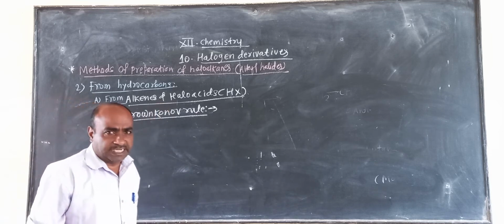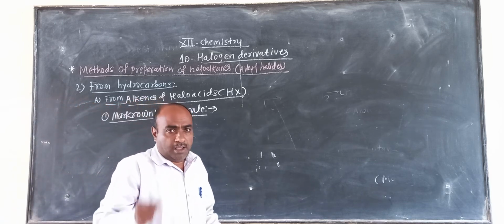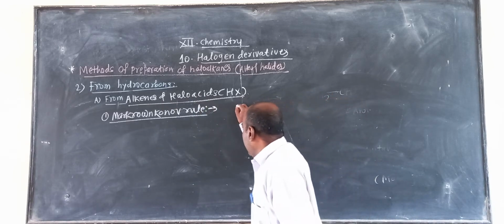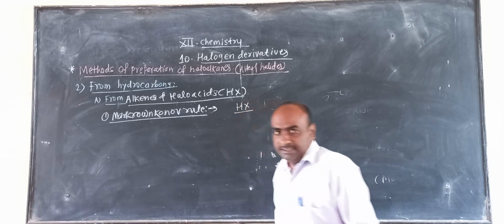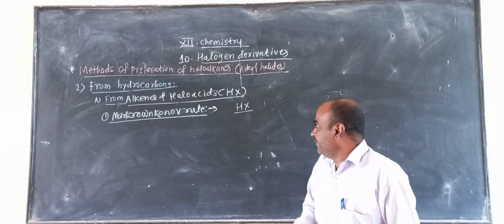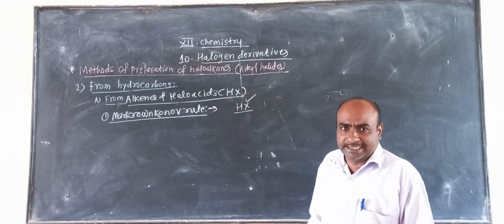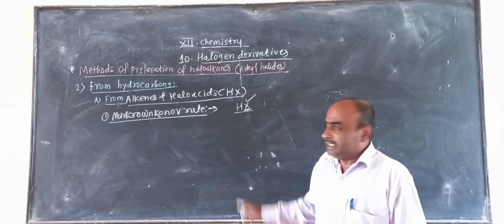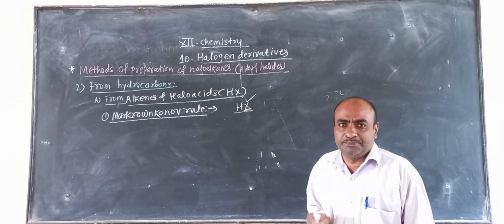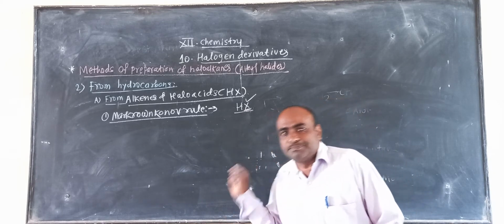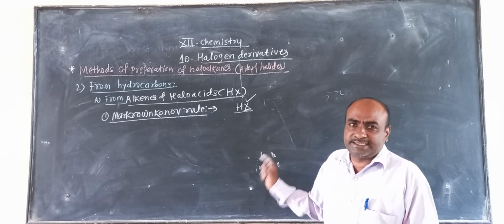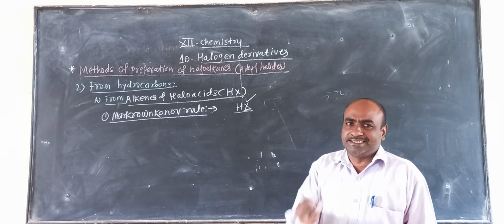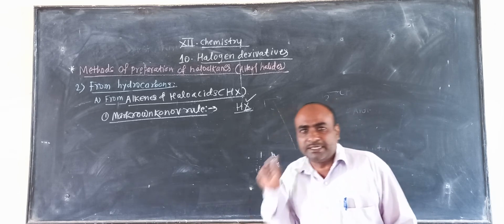This Markovnikov rule states that when an unsymmetrical alkene is added with a haloacid like HX, then the negative part, that is the halogen atom, is attached on that carbon atom which carries the lesser number of hydrogen atoms, and note that this addition of HX always takes place across the carbon-carbon double bond.